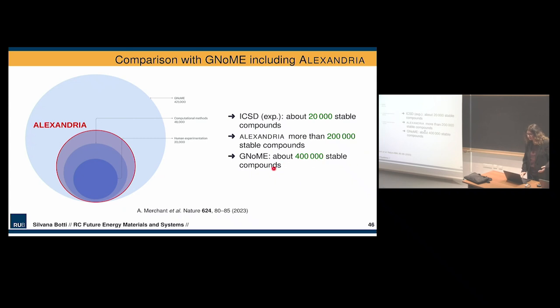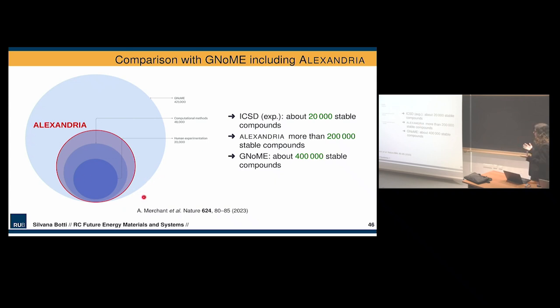So you know that Google, with a lot of computational power, could make enough calculations to obtain a convex hull with 400,000 compounds. Now Alexandria has more than 200,000. I think that last week it was almost reaching 250,000. If you compare with the experimental database, removing alloys and compounds that are not fully defined, there are many fewer stable compounds in the experimental database.